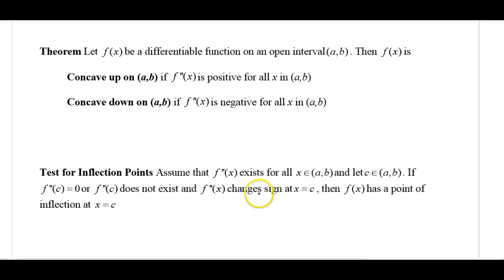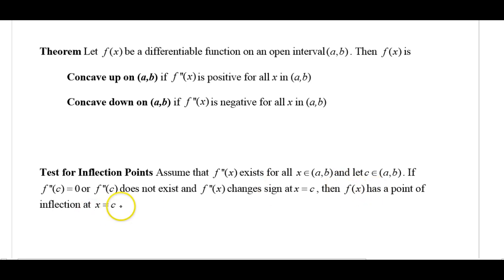So if the second derivative changes sign, then the original function changes from concave up to concave down, or concave down to concave up. And remember, an inflection point is a place where concavity changes. So not only do we need where the second derivative is 0 or doesn't exist, we also need to show that concavity changes at that point c. And then f of x has a point of inflection at c.